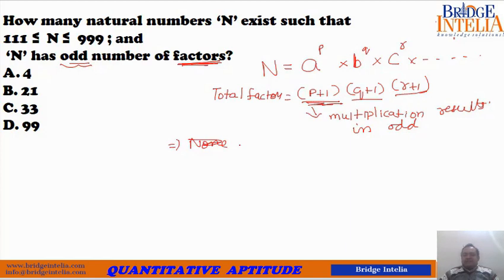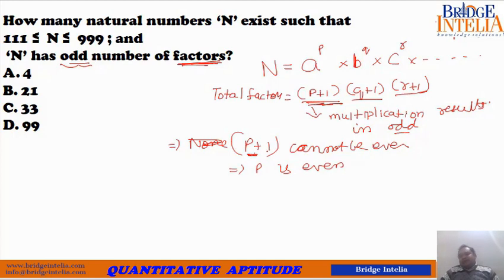That means p plus 1 cannot be even, because the multiplication is odd. It means P has to be even, because if P plus 1 is not even, then P is even.